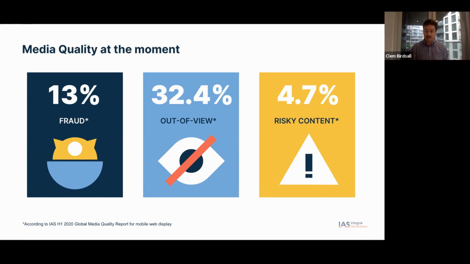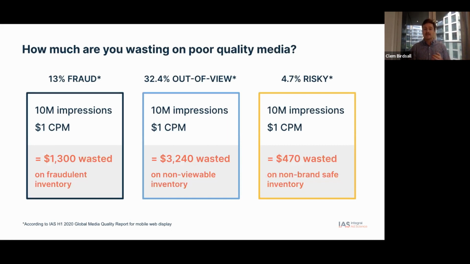Those percentages are helpful, but when we look at them in terms of media spend, that 13% ad fraud on a standard campaign of 10 million impressions at, say, a $1 CPM, that's $1,300 that has been spent on bots or fraudulent inventory, and essentially it's wasted at the end of the day.